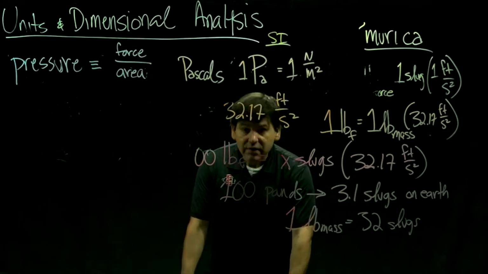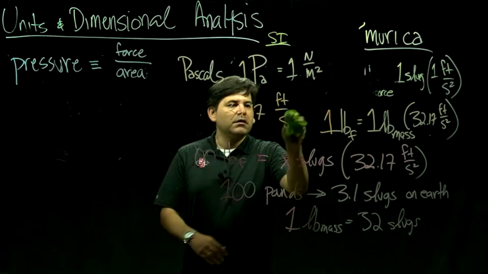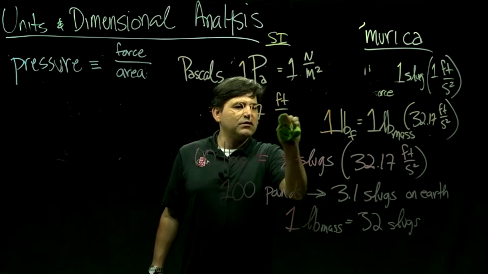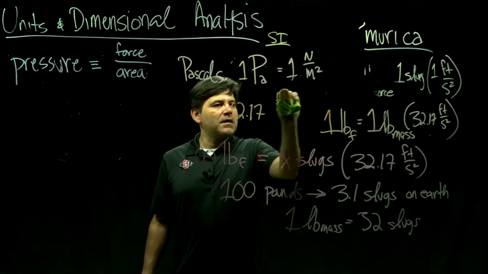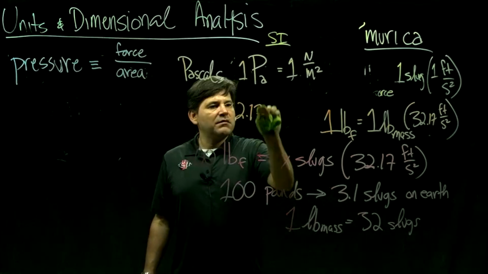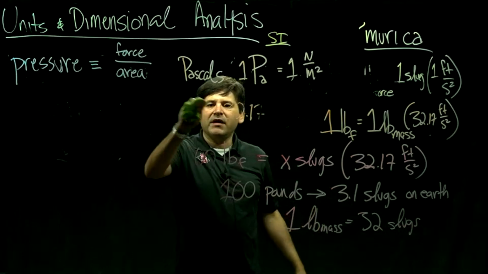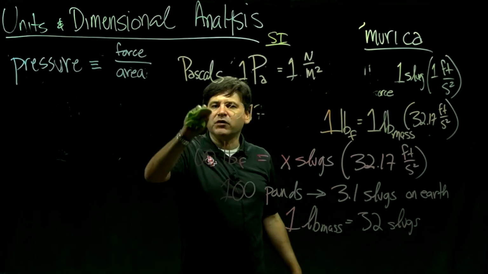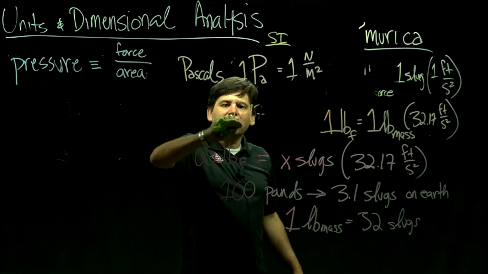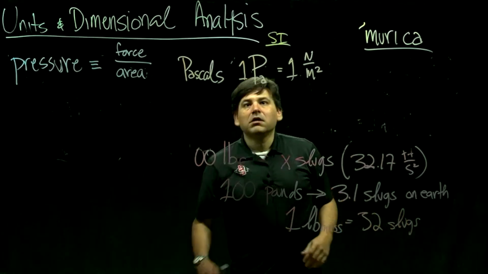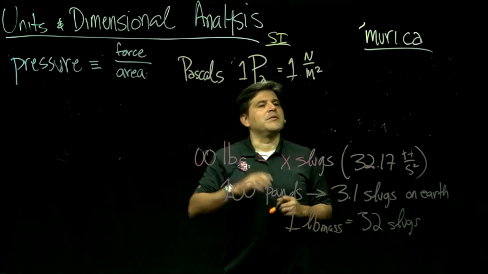And as we know, in America, the unit for force is pound force, which makes sense. We would use pounds for force. And then instead of using pounds per feet squared, we use pounds per inch squared. So pascals, 1 newton per meter squared.